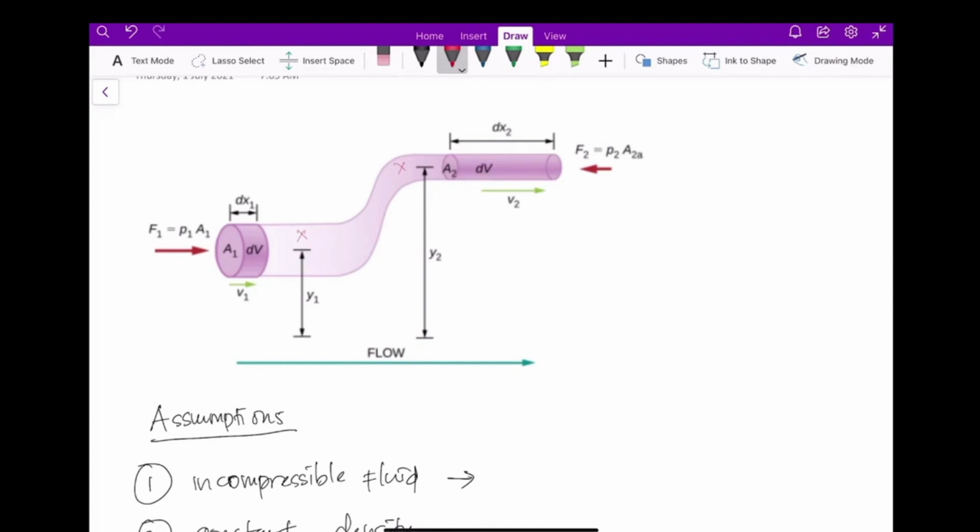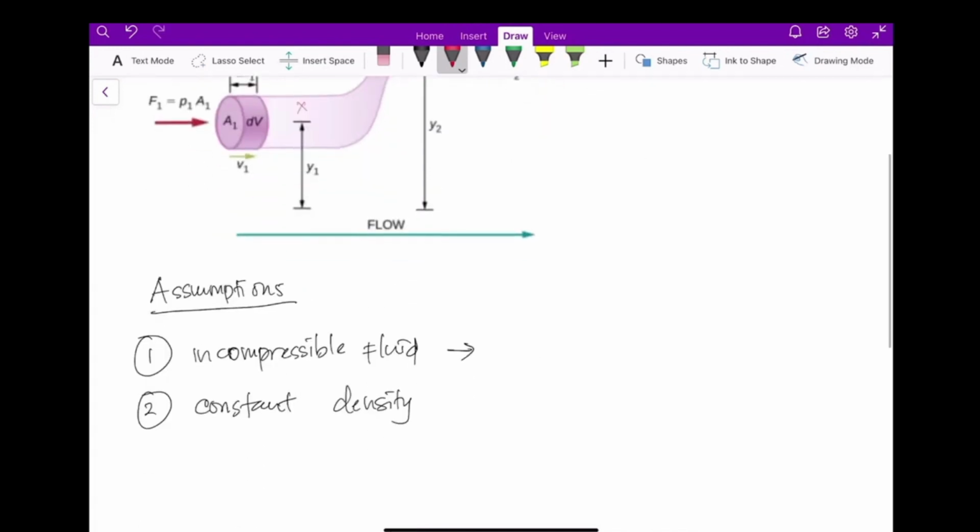If you take any density measurement, perhaps you take a sample of the liquid and measure it using a densimeter or hydrometer, you would notice that there is no change in the density. So that's why we say the density is constant anywhere in this system.